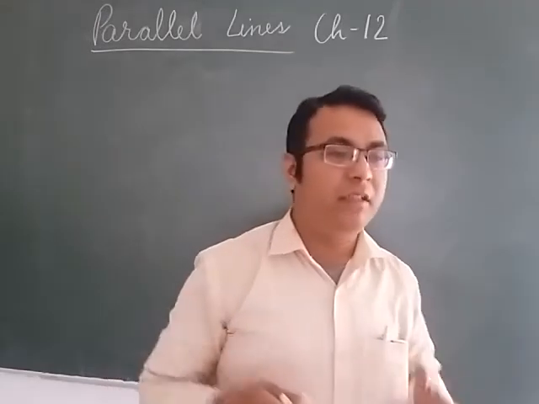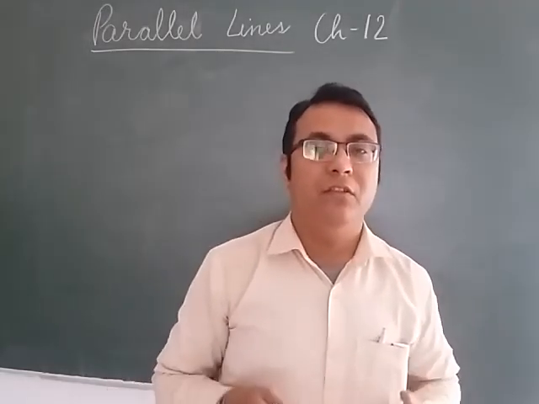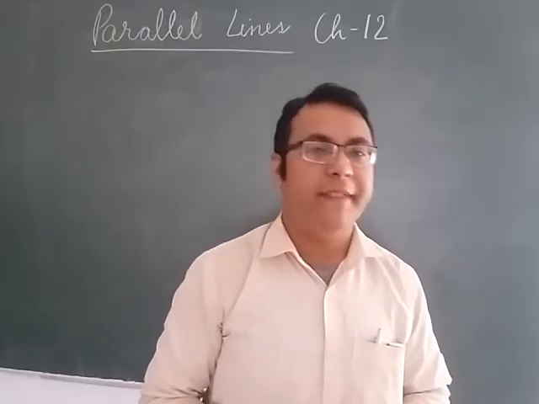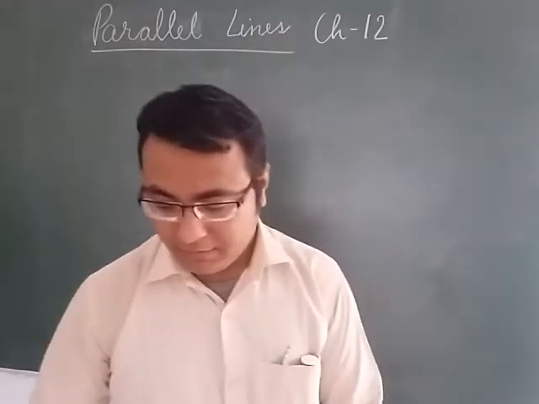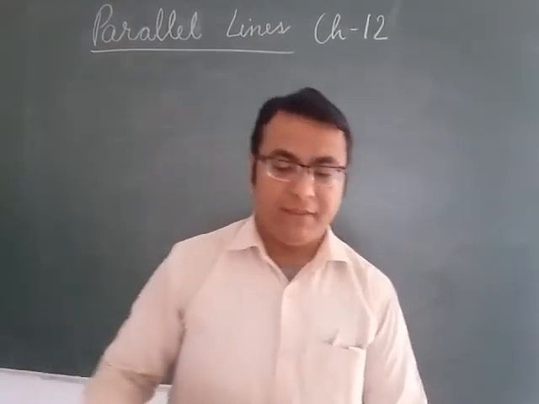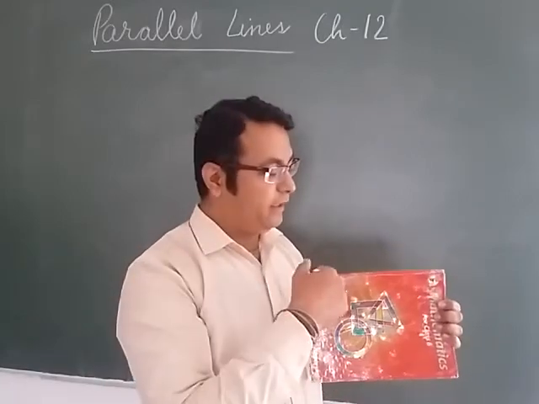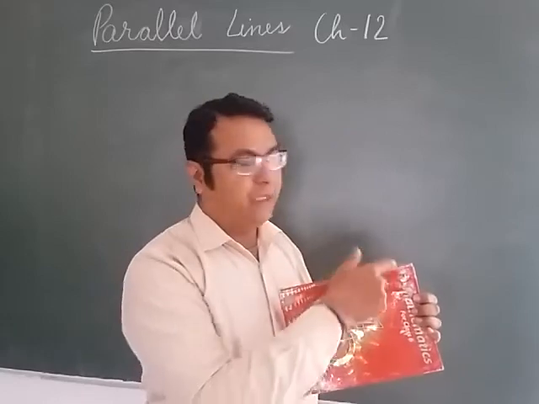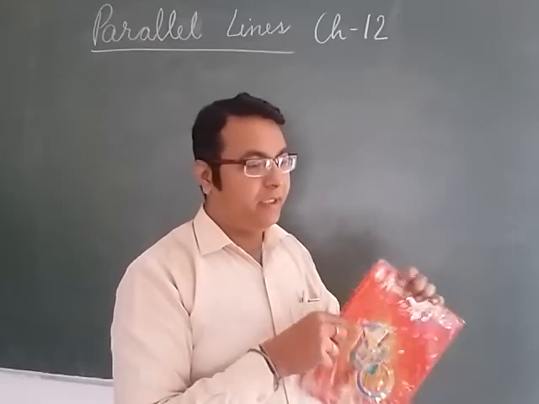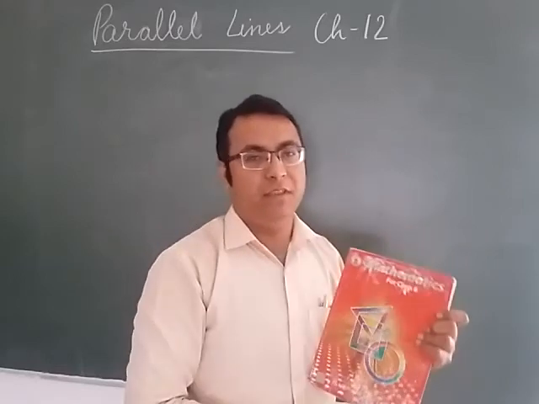The distance between both the lines of the railway track is always same, and they never meet with each other. Let me take a real life example. See the opposite edges of the book. This edge and this edge, both the edges are parallel to each other. They will never meet. Similarly, this edge and this edge, they both are parallel to each other.